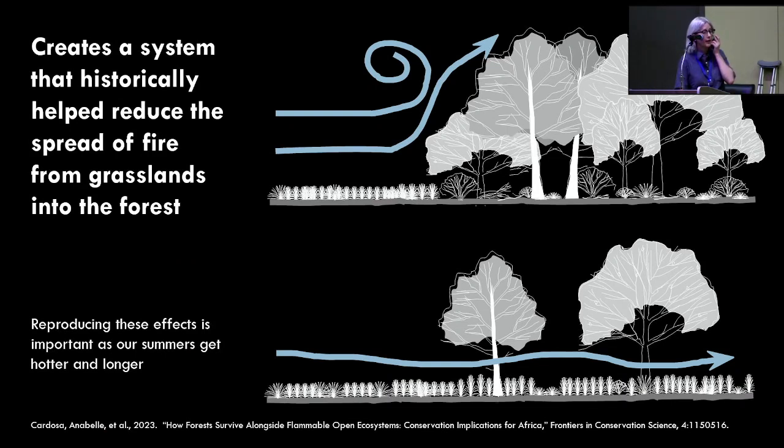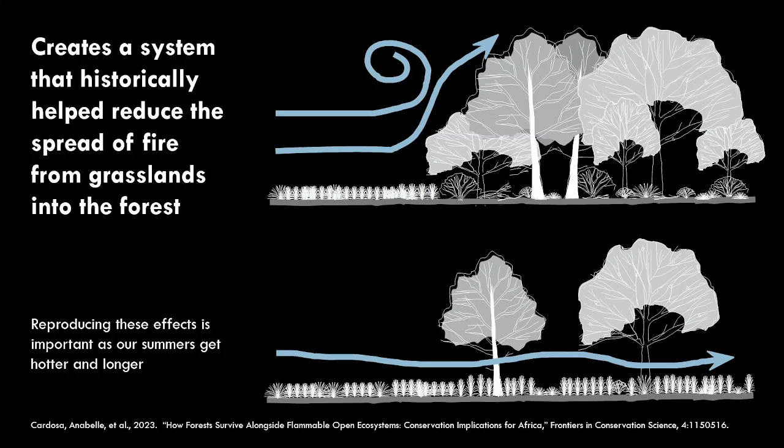Old growth also creates a system that historically helped to reduce the spread of fire from grasslands into the forest. Someone asked about fire. Fires back then were not frequent. They might have been periodic, like every 20, 30, 50, 100 years. But they would have had to go through some periods of time with no fire for a forest to get established.